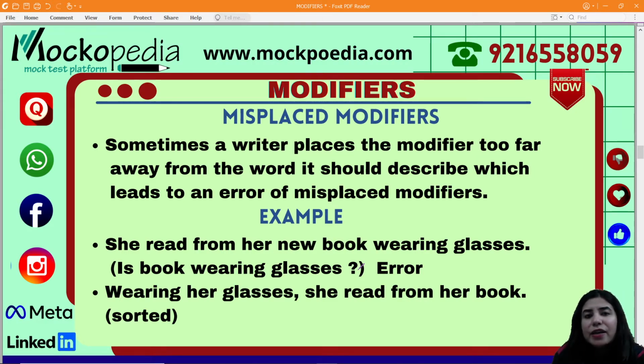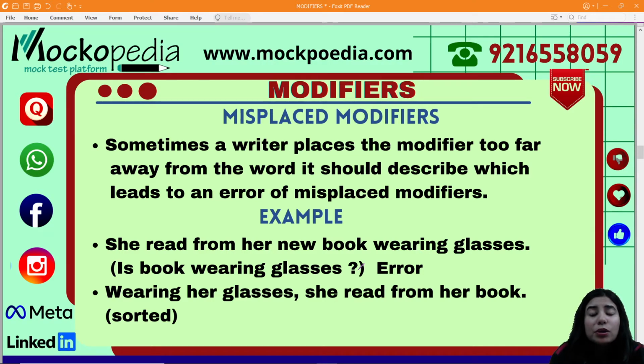Like I said, any word or group of words, be it a phrase or clause, that tends to explain or add description, you call it a modifier. And usually, modifiers are placed right next to the word they tend to explain or describe, right? Also, I did explain that modifiers can be a single word or a group of words. If they are functioning like adjectives or adverbs, you call them modifiers, right?